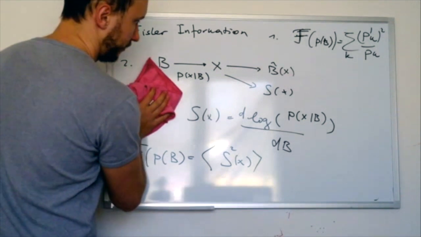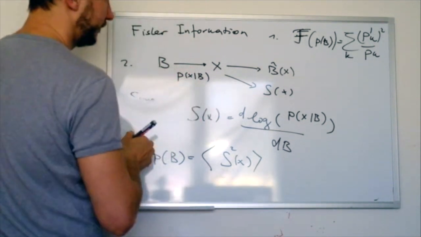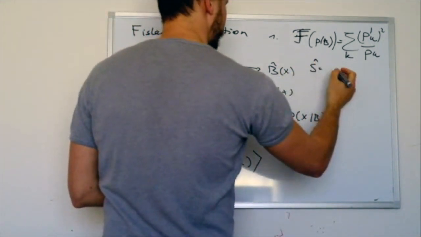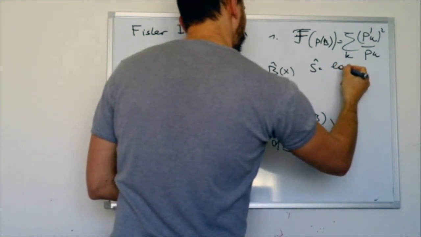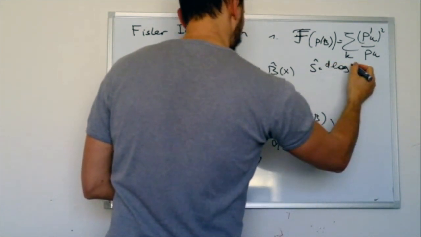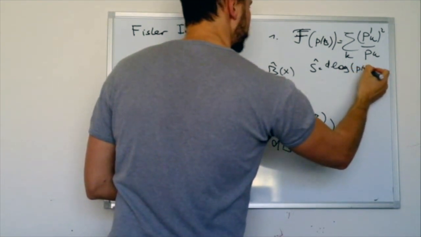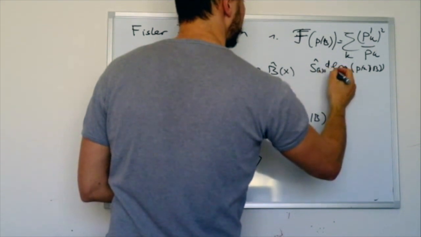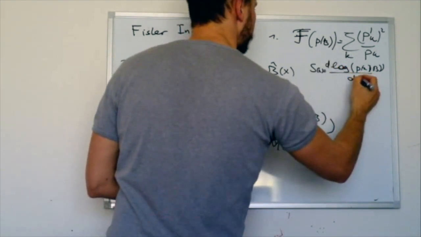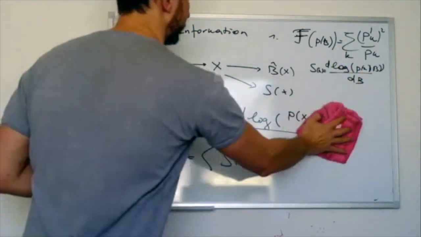So what do we get? The score of x is d log of p of x conditional on b, divided by db. So keep it here.